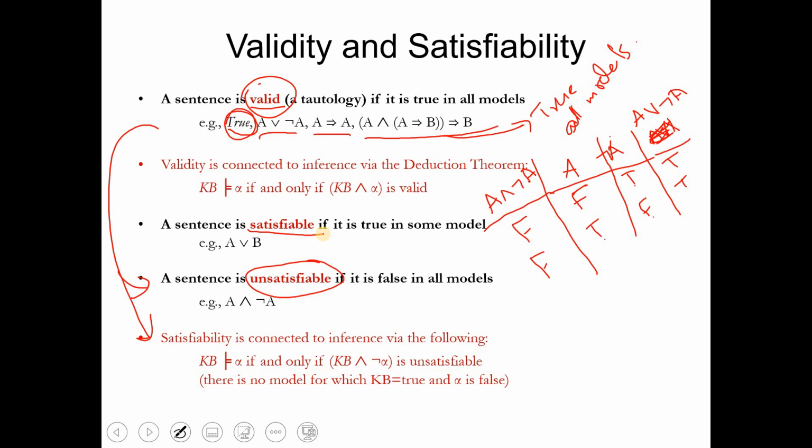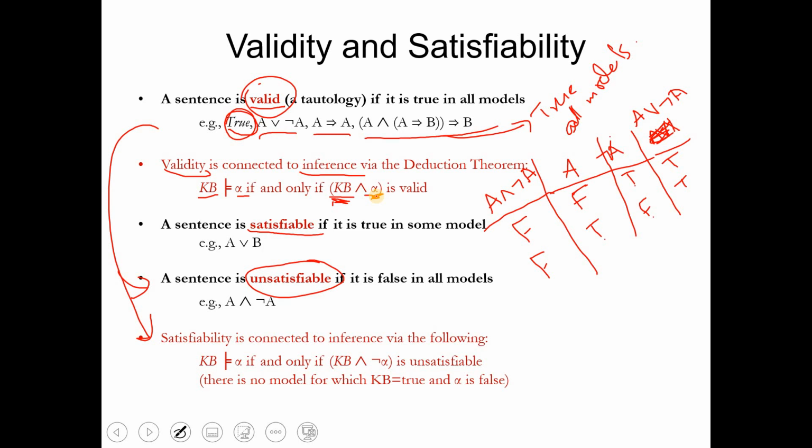You can also say that the validity of a sentence is connected to inference by a theorem. It's a very simple theorem which says that the knowledge base entails alpha if all the models that the knowledge base has are also models for alpha.